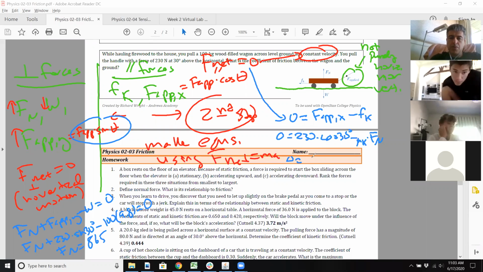So 230 times cosine of 30 degrees minus mu k times 865. Solve for mu k correctly, and you should get, I could write that better, sorry, it's just really hard to write Greek alphabets with the stylus on a computer screen. And you should get 0.23.